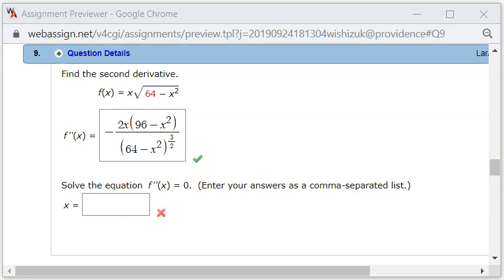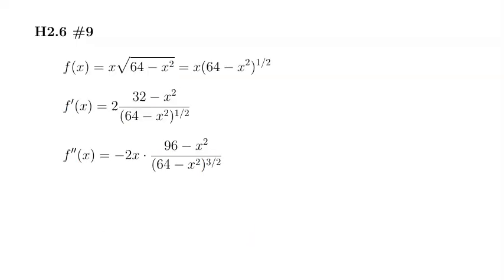All right, I came back and looks like we got the second derivative correctly. Now we set it equal to 0 and solve for x. So you just have to worry about setting the numerator equal to 0. So numerator is negative 2x times 96 minus x squared equal to 0.